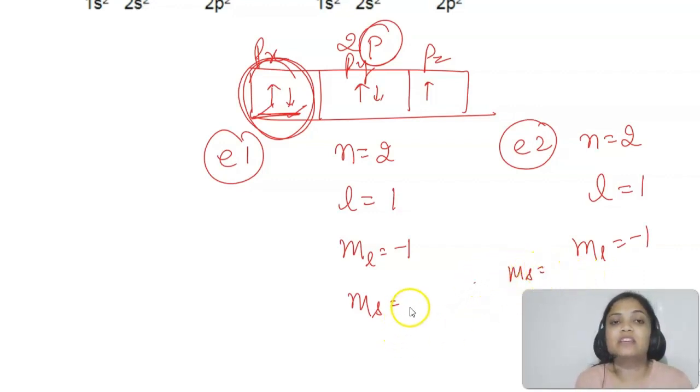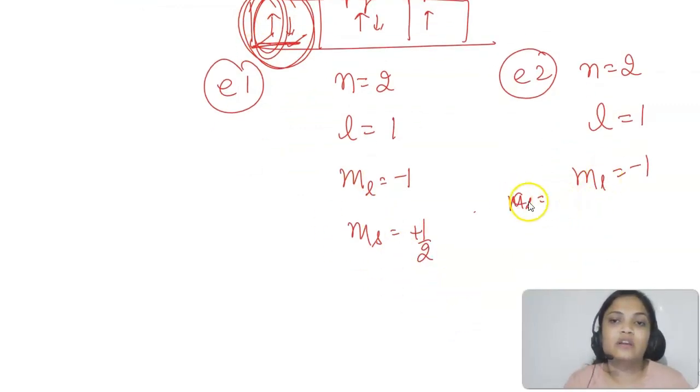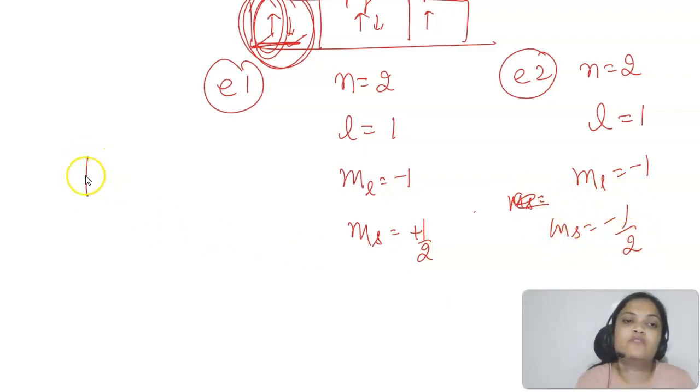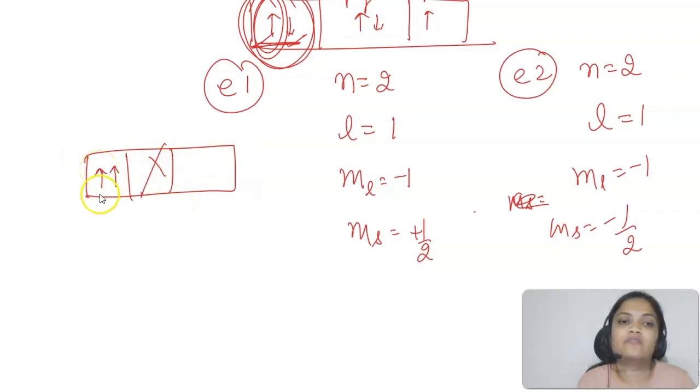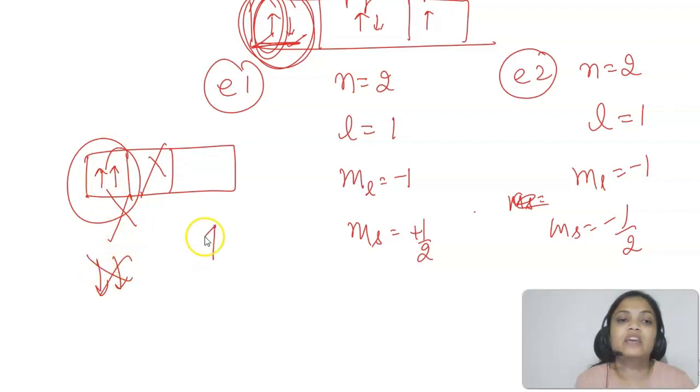So it means if the spin of one electron is +½, then the spin of the other electron has to be -½. Whenever you are filling the electrons, both electrons cannot have the same spin. This is wrong. Clockwise, anti-clockwise. If one is clockwise, the other has to be anti-clockwise.